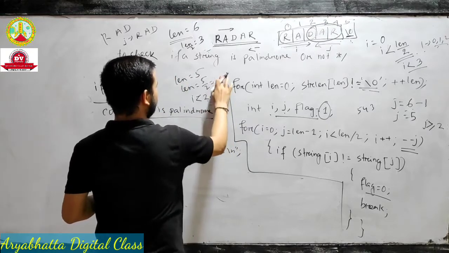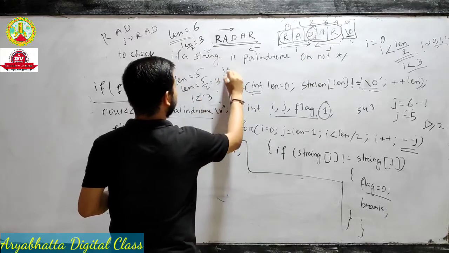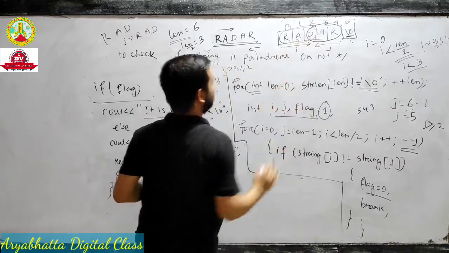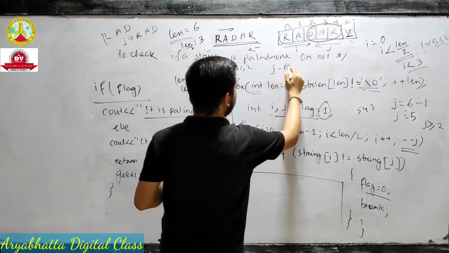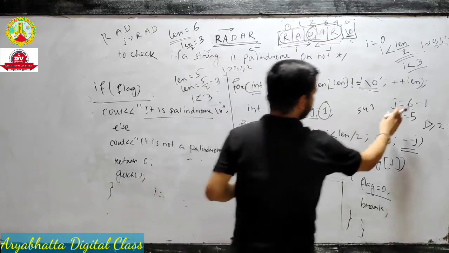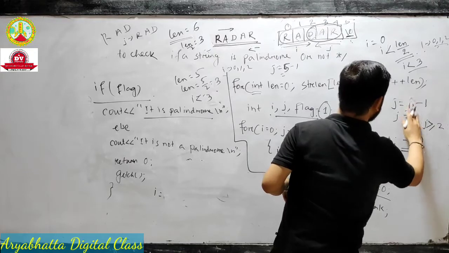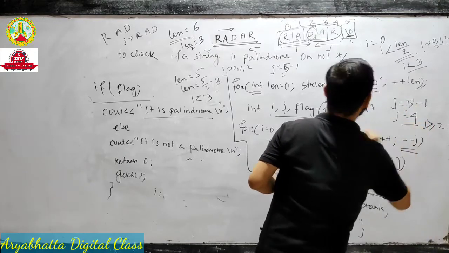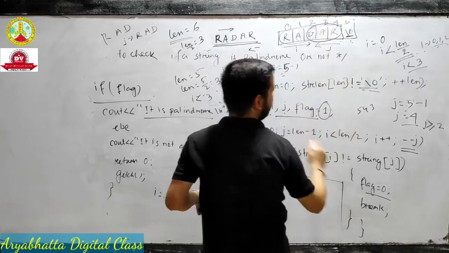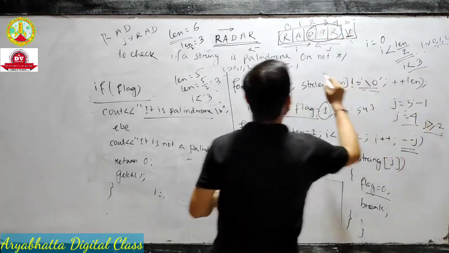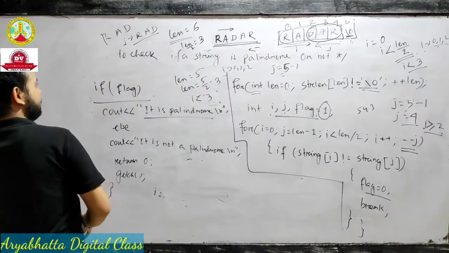Or you can take 2.5 as an integer value, 3, so i is less than 3, i is 0, 1, 2, which is 3 characters. For the j purpose, j is 5 minus 1, j is 4, starting from 4 and going while greater than or equal to 0. The j characters are also RAD, meaning both strings are the same.